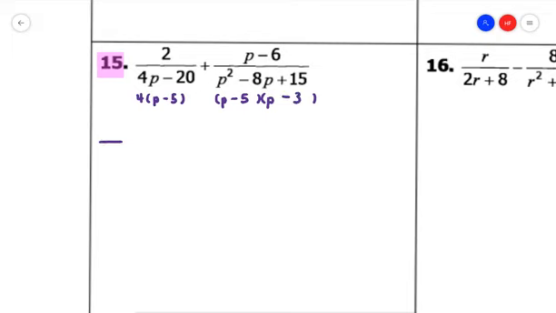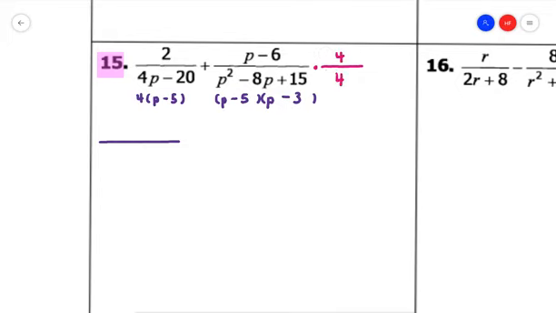So now I can see what they need in order to be the same. This needs a 4. Let me write it as a fraction. This just needs a 4.